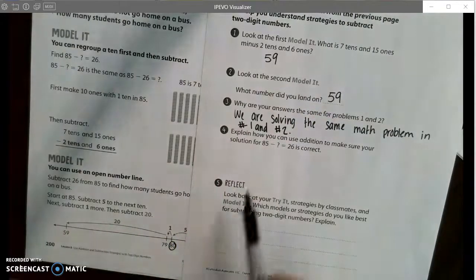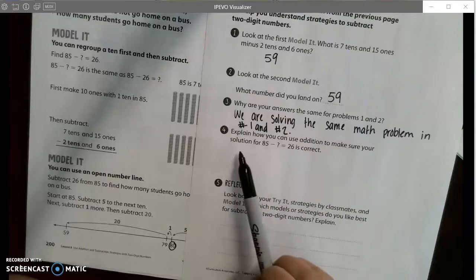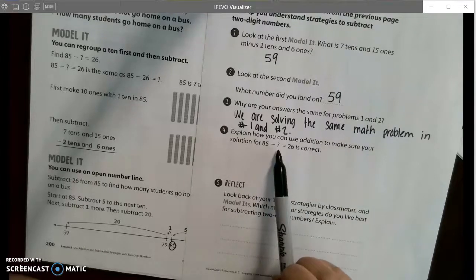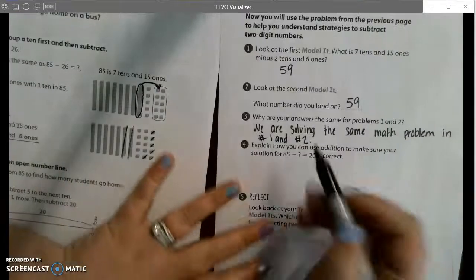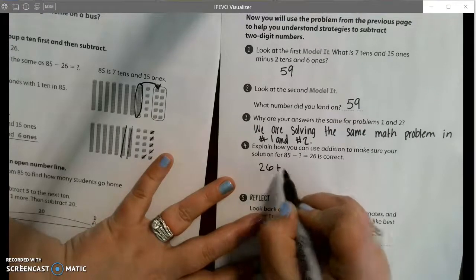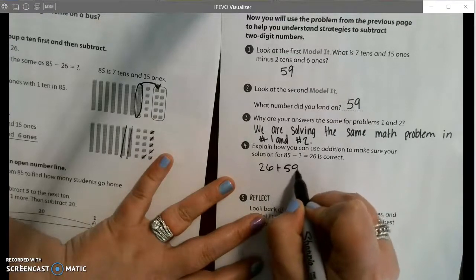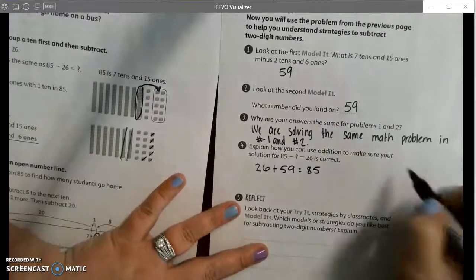Anyway. Explain how you can use addition to make sure your solution for 85 minus something equals 26 is correct. So what math problem could you use? Or how could you use an addition problem? So if you did 26 plus 59, you should equal 85, right?